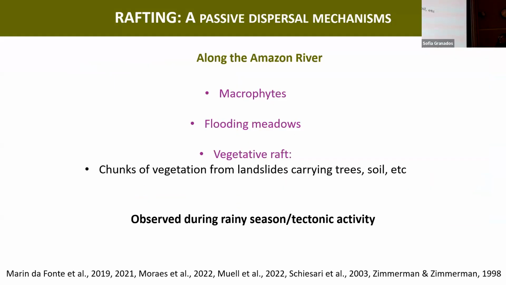So along the Amazon River, there are several ways that could facilitate this form of dispersal. For example, we have macrophytes, floating meadows in the rivers, and also something called vegetative rafts, which are basically chunks of vegetation from landslides that carry trees and all that a tree can have, like animals and plants.